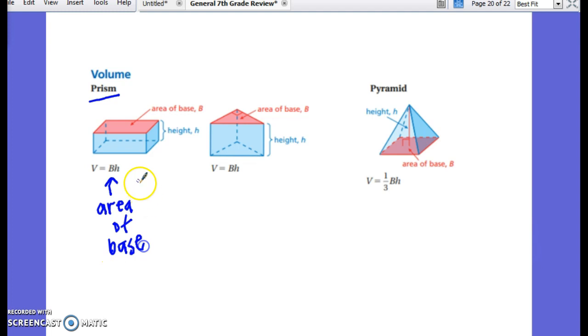For this one here, a lot of you like volume equals length times width times height, so you can add that on. For the triangular prism, you have probably seen length times width times height divided by 2. For the pyramid, you have the formula volume equals 1/3 area of the base times height.